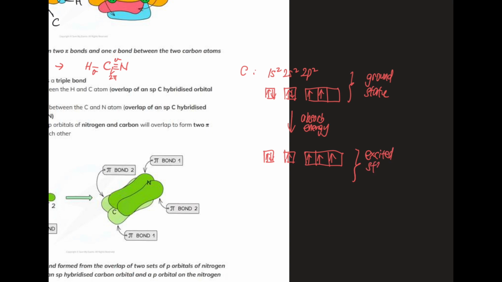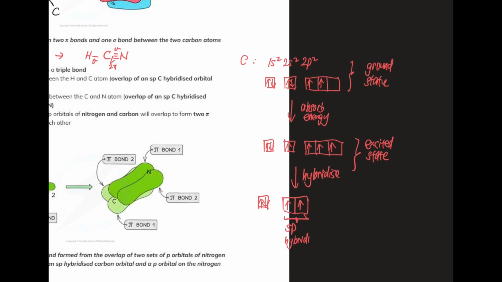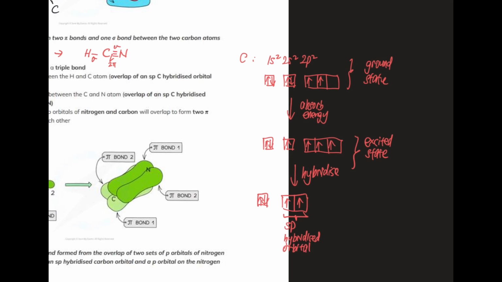excited state. And now you know they are taking 2 sigma bonds. So 2 of these are going to combine. We call it hybridize, in this way. So this is called sp hybridized orbital, to form sigma bond. So they are coming from this and this.